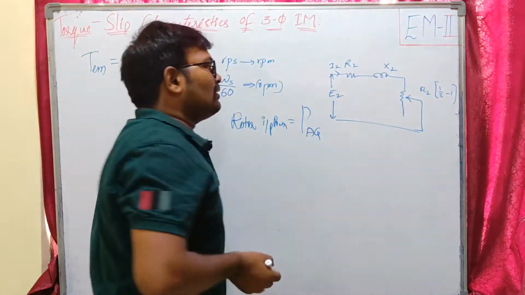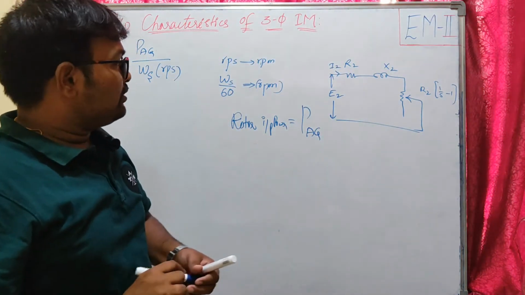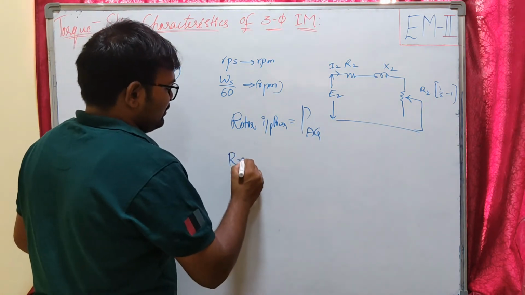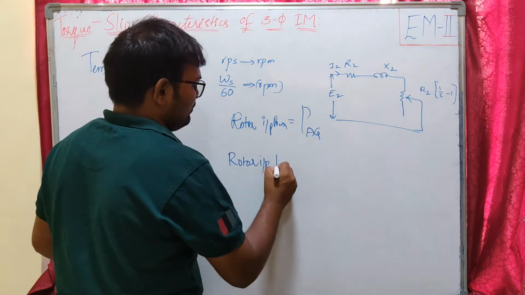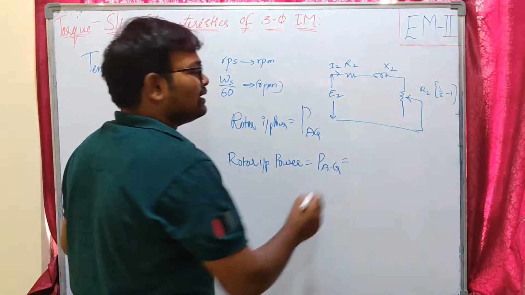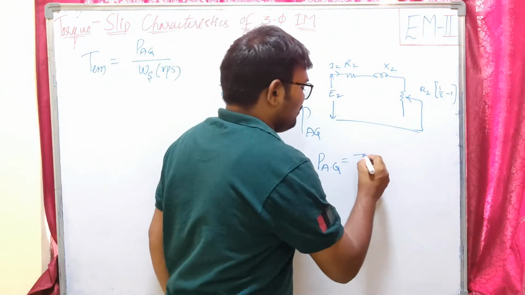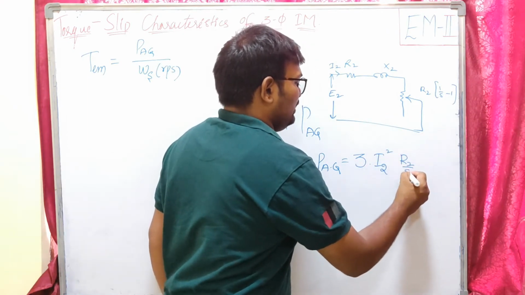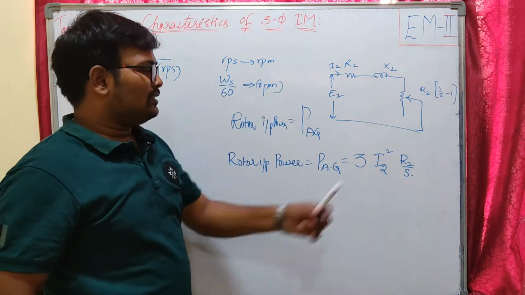So this is the equivalent circuit of the rotor of our induction machine. The rotor input power, which is nothing but air gap power, is given as 3 times I2 square into R2 by S.